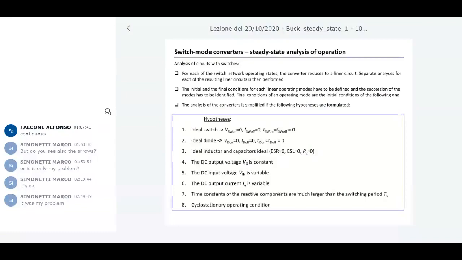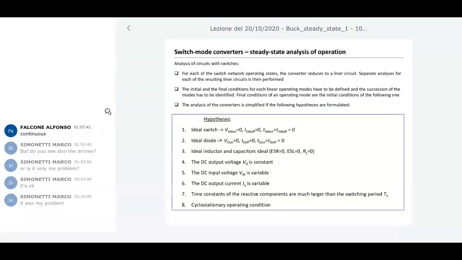In order to make the analysis of the buck converter, we have to understand some basic points that I included in my previous discussion. You have a switching network. This happens for the buck, for the boost, for any kind of switch mode converters.